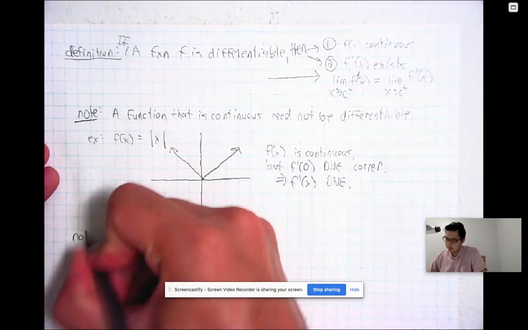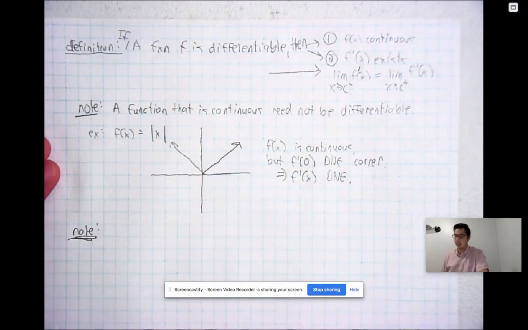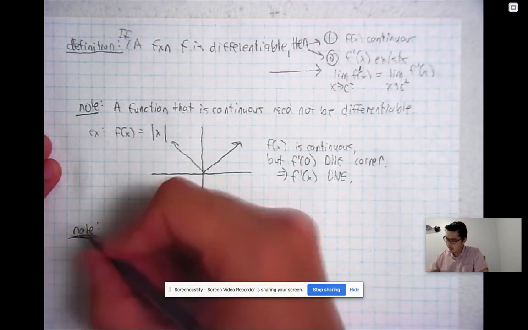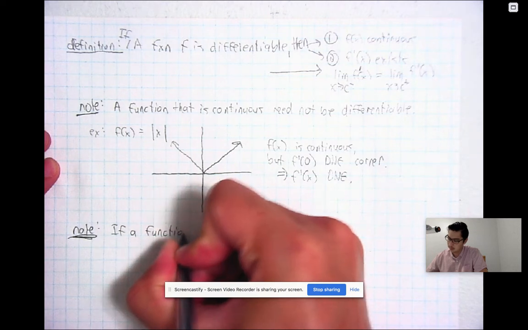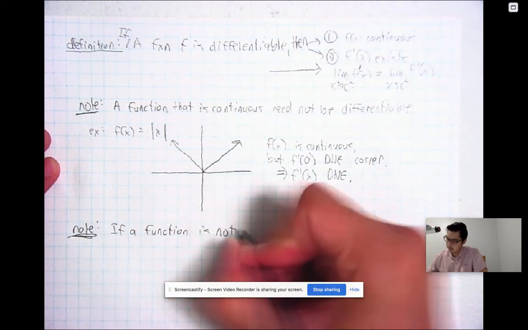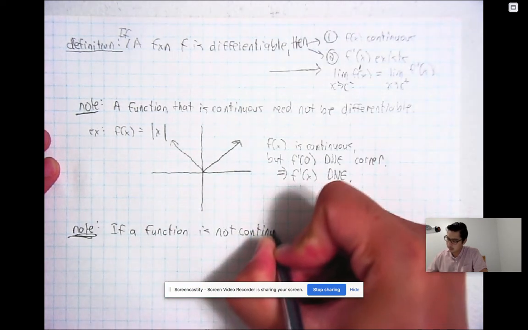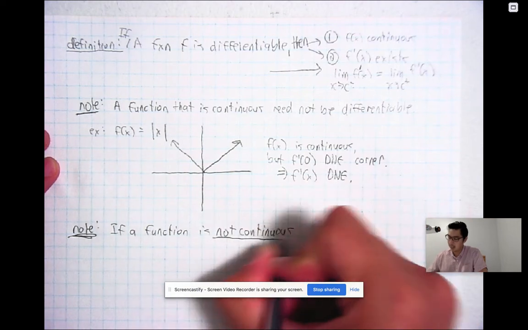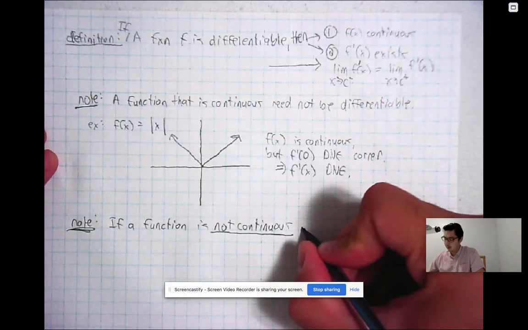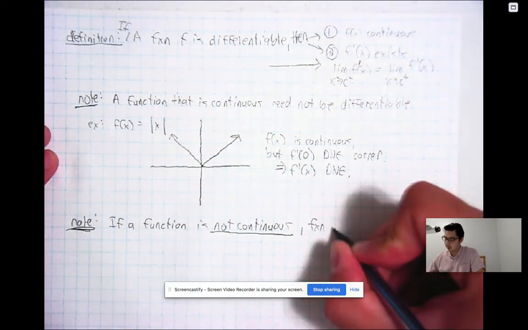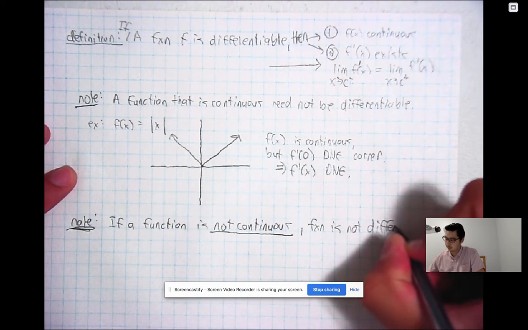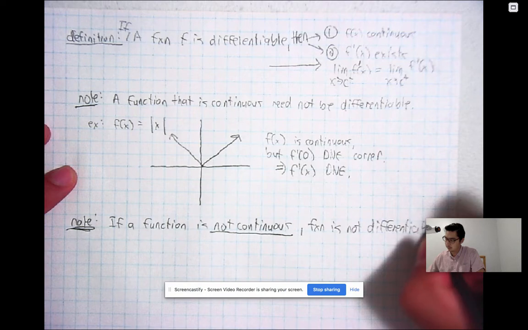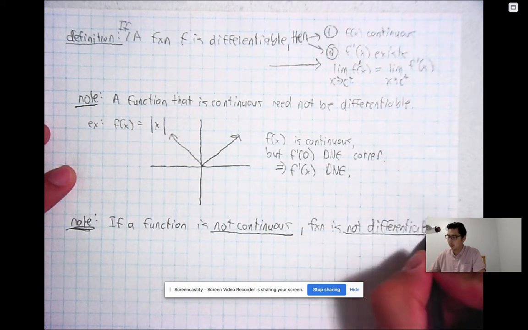The second note is if a function is not continuous, then that function is also not differentiable. And I'm going to do a quick run through this.